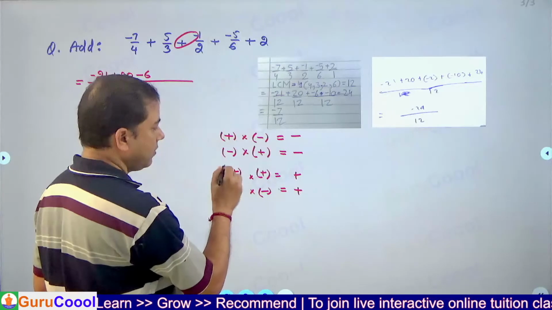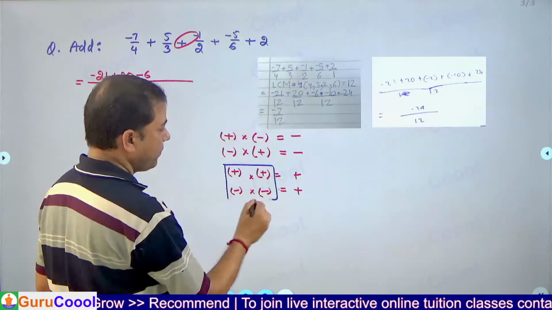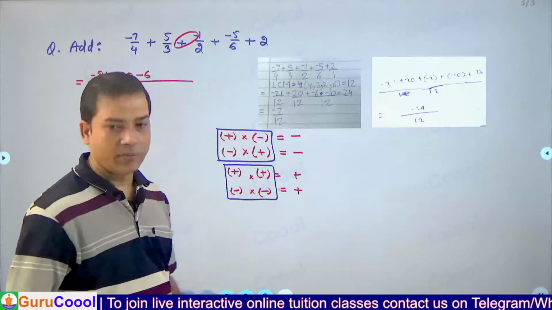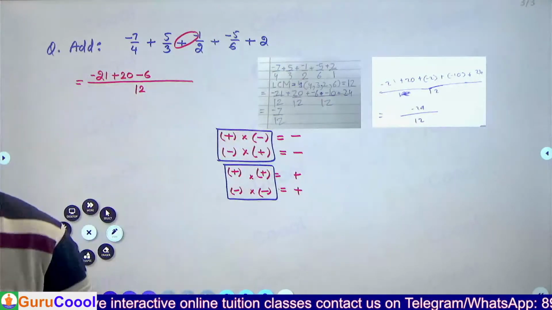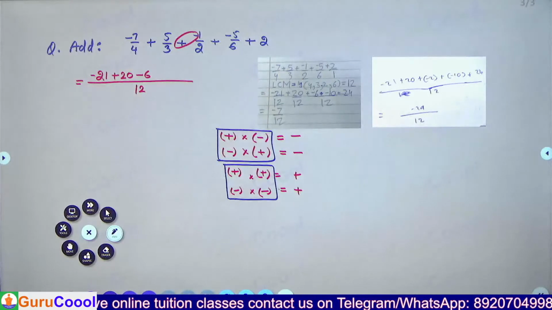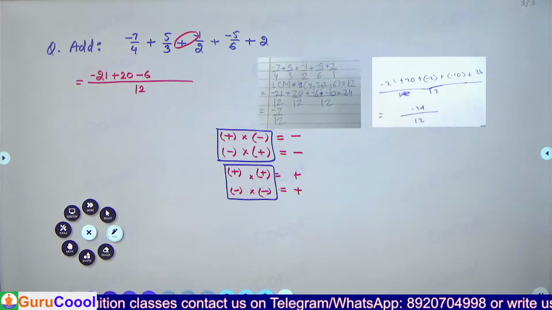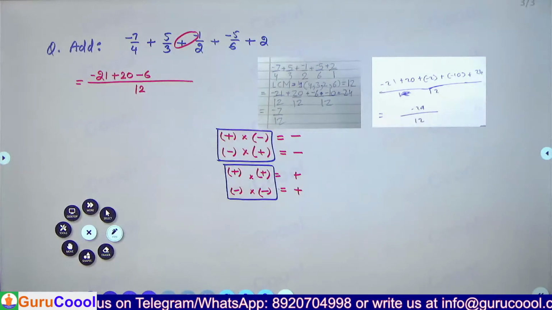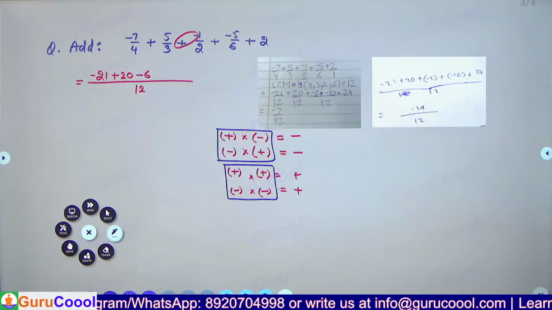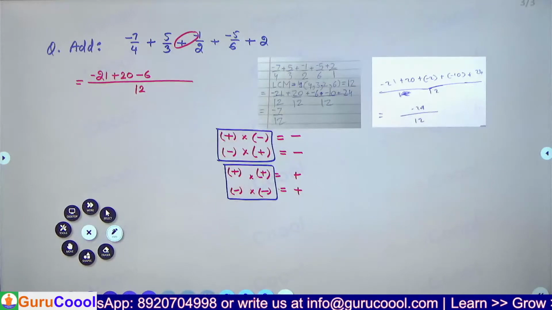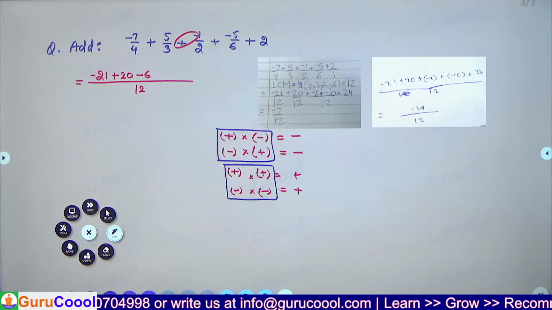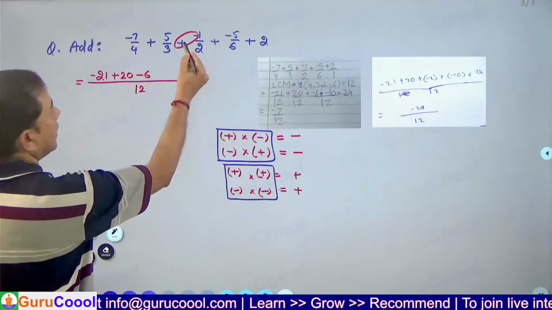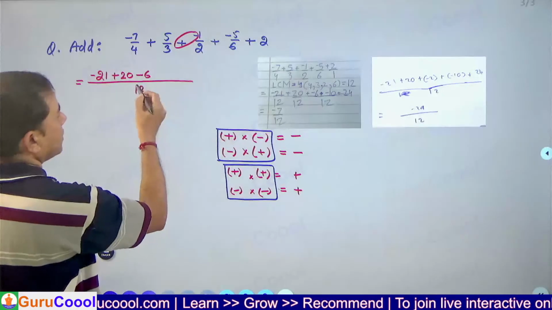Same sign, product is positive; opposite signs, product is negative. So easy to remember. Opposite signs will give you negative, same signs will give you positive. So here plus and minus together makes minus only.